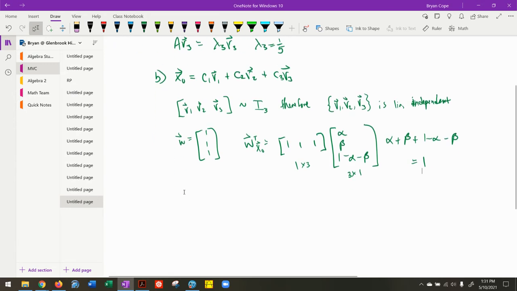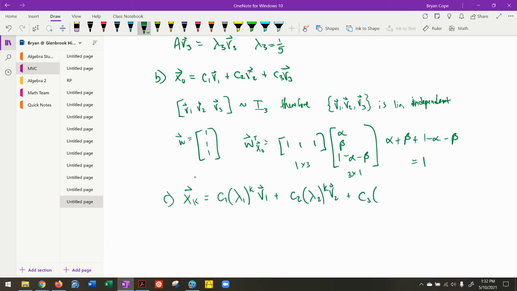Basically xk can be written as c1 lambda 1 to the k v1 plus c2 lambda 2 to the k v2 plus c3 lambda 3 to the k v3.